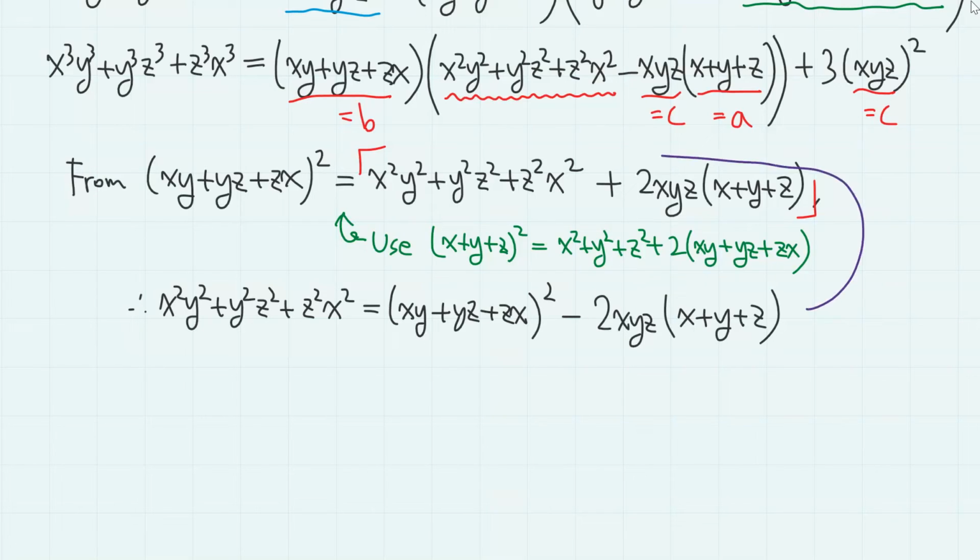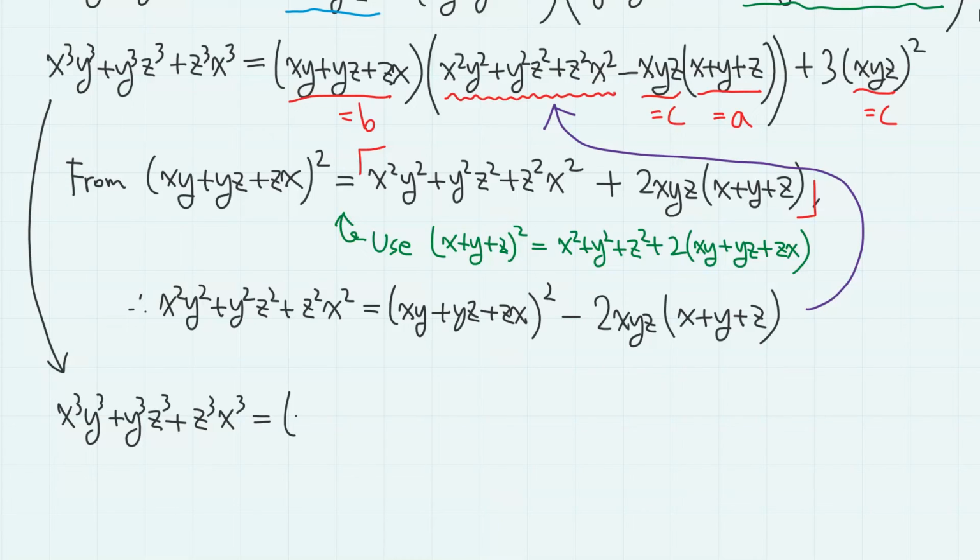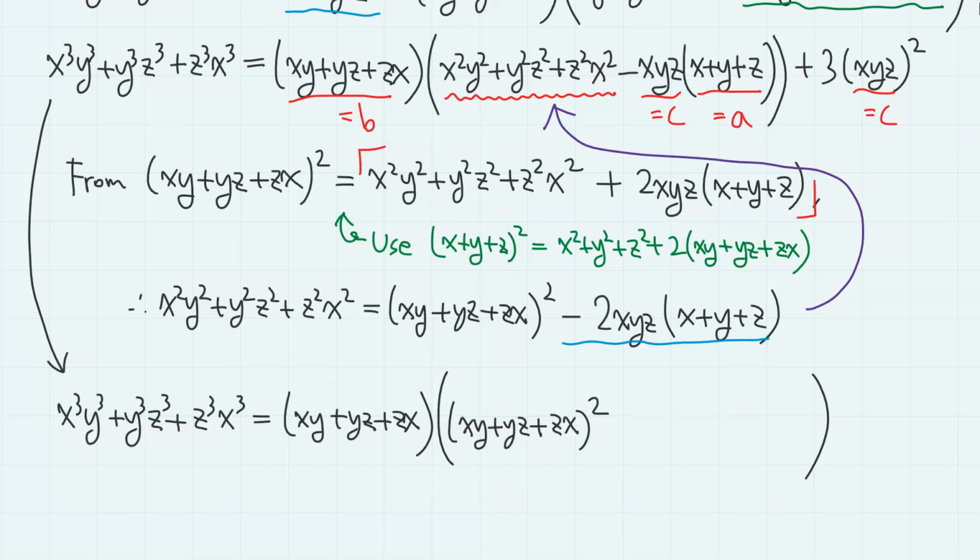If we substitute this expression in here, we obtain xy plus yz plus zx times, now we have xy plus yz plus zx squared. Then from here and here, we now have minus 3xyz times x plus y plus z.